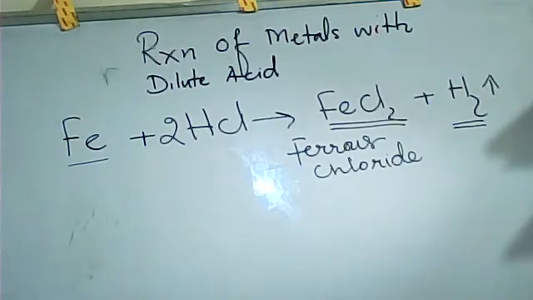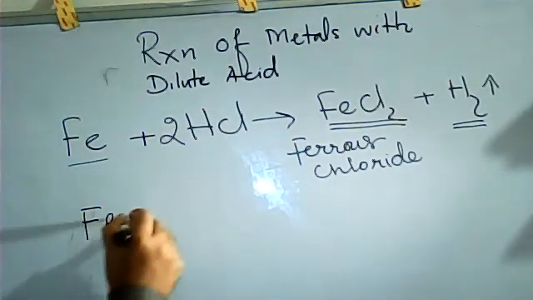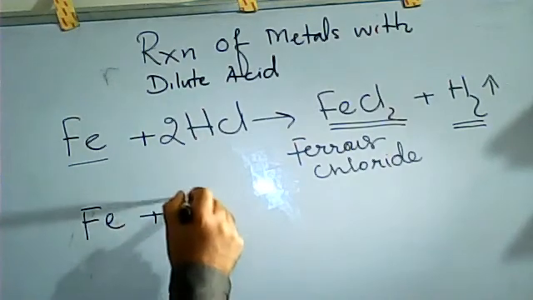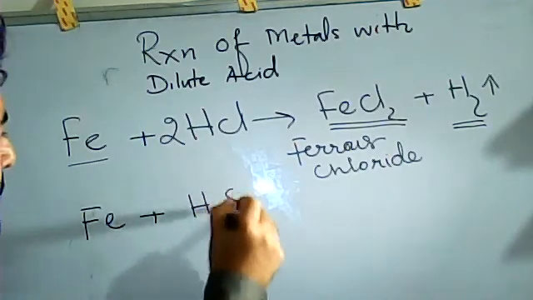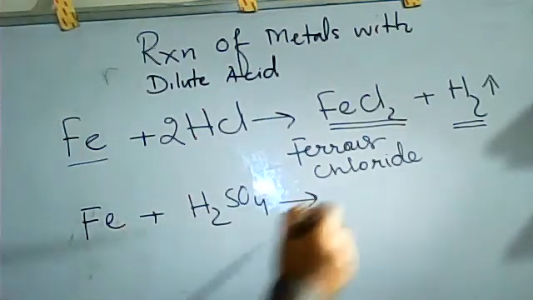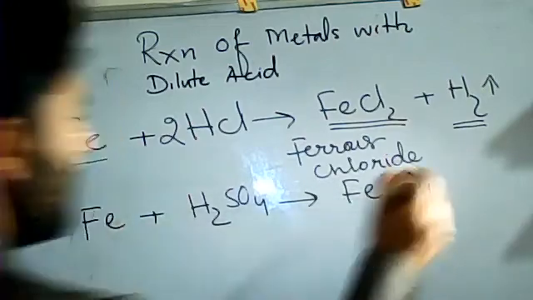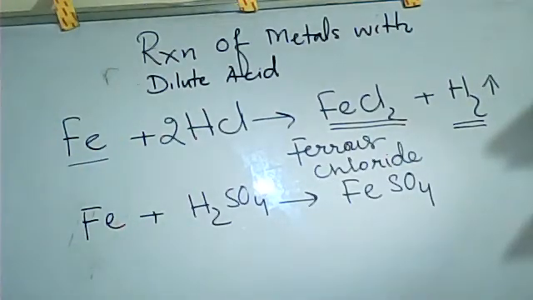Similarly, if this iron reacts with dilute sulfuric acid, the product formed will be FeSO4.